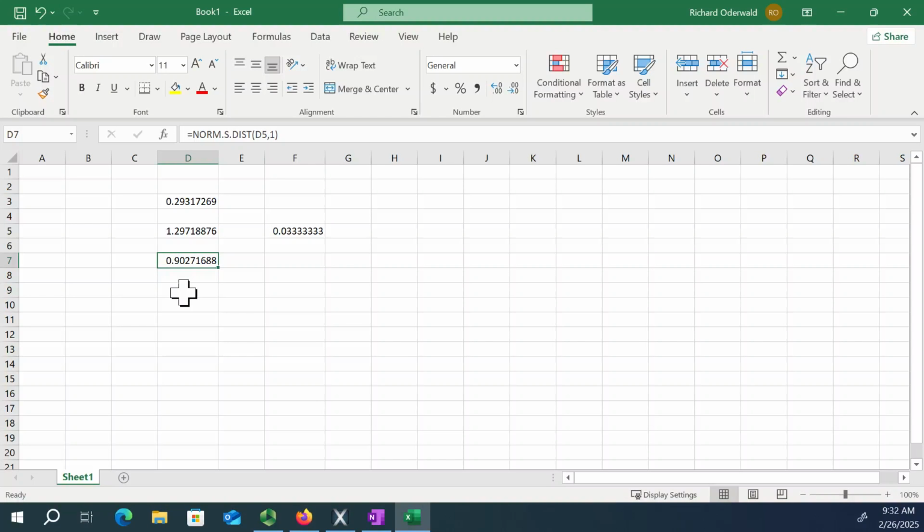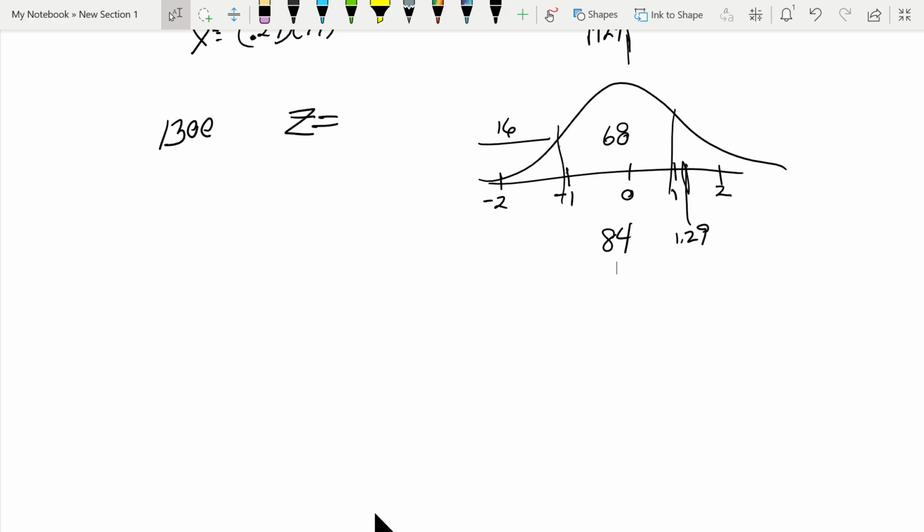What's the 0.03 percentile? What's it gotta be minimum? This one's right here, 0.03. What's the minimum percentile it has to be? 50, because it's 50.